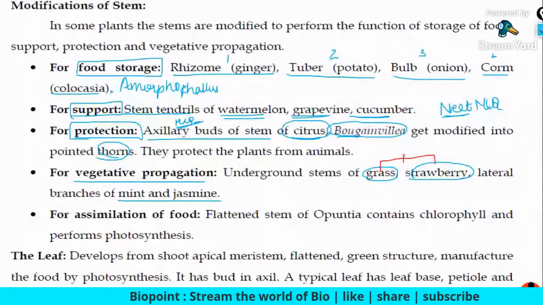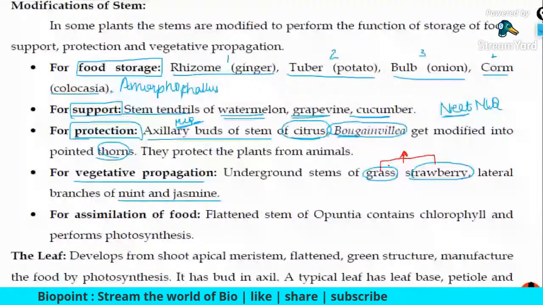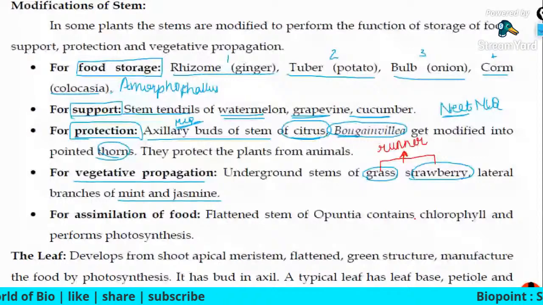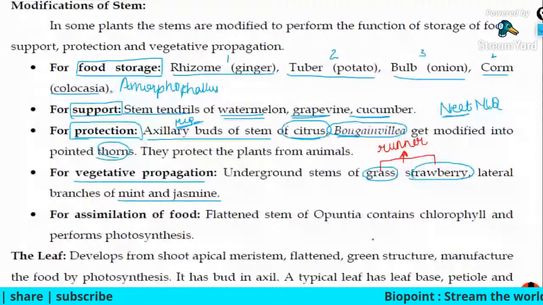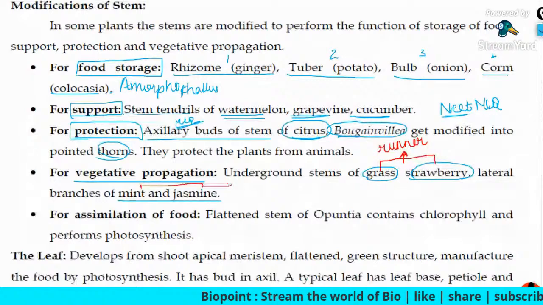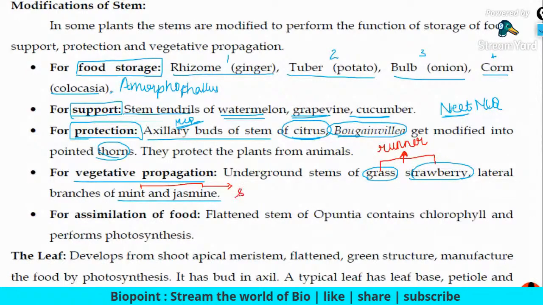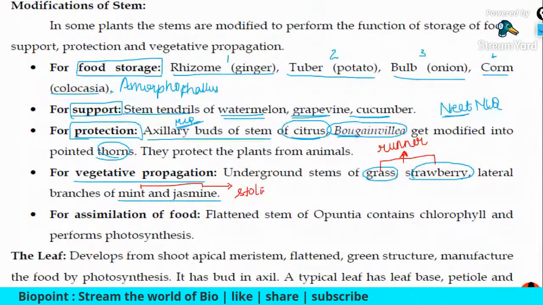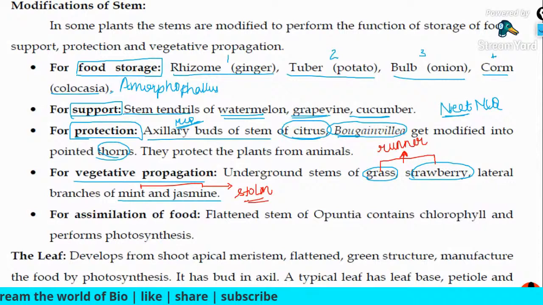Grass and strawberry are showing runner formation, whereas mint and jasmine are showing the formation of stolon. Clear? Give me hearts on the screen.